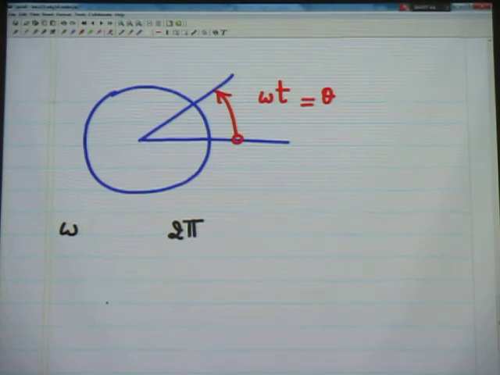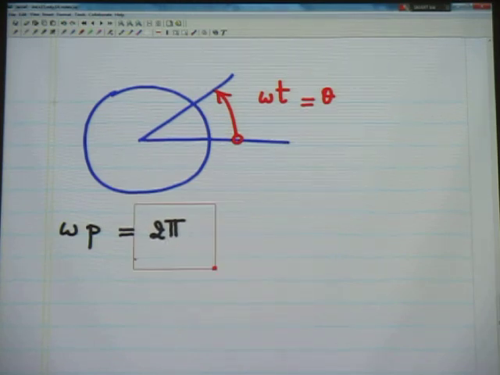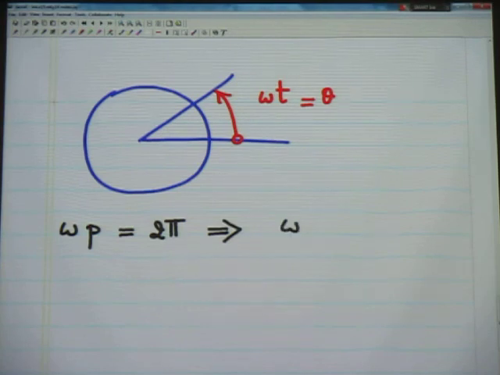T is also frequently used in vibration. Okay, that's it. So now this is the relationship between the period and the angular frequency of vibration. So therefore you have from here omega is equal to 2 pi over P. P is the period.